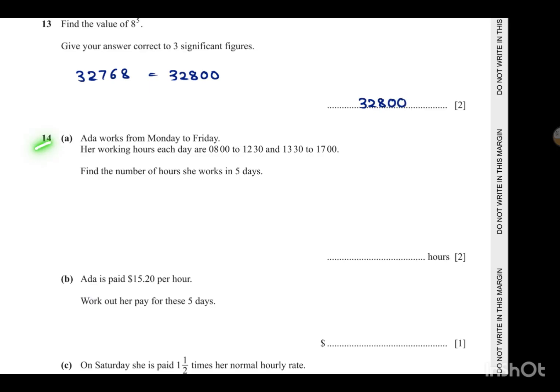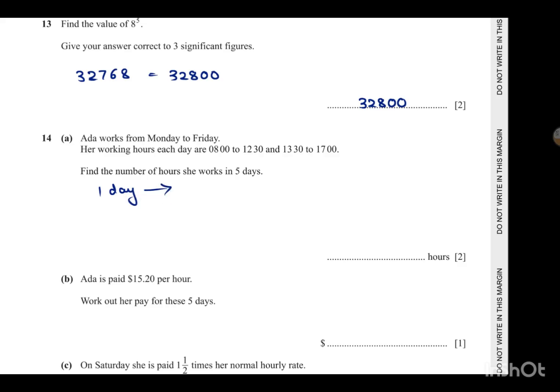Question number 14. A. Ada works from Monday to Friday. Her working hours each day are 8 to 12:30 and 13:30 to 17. Find the number of hours she works in 5 days. First we'll find out how many hours she works in one day, and then we'll find out for 5 days.